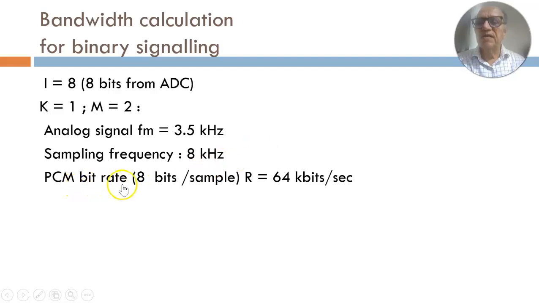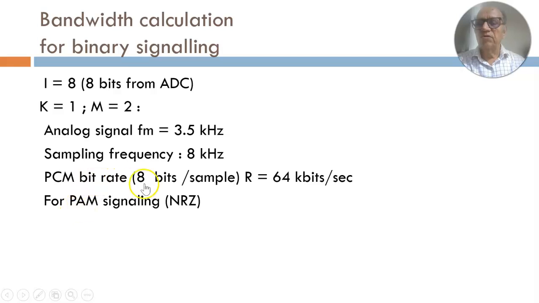In that case, the PCM bit rate is 8 bits per sample, multiplied by the sampling frequency, that is 8 kilohertz. So understand, this PCM bit rate is assuming 8 bits per sample and a sampling frequency of 8 kilohertz, we get R equal to 64 kilobits per second.